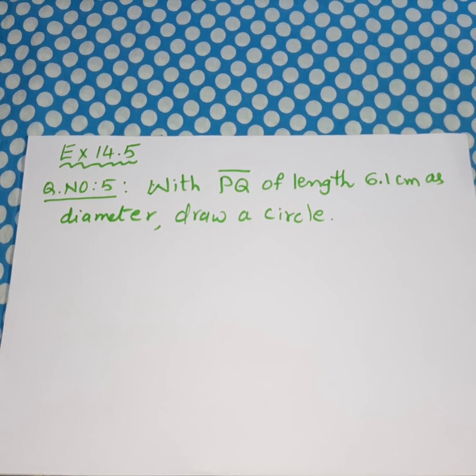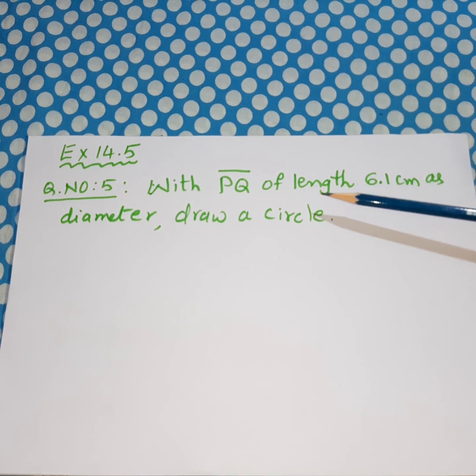We know that the diameter is the biggest chord of a circle, passing through the center of the circle. To construct a circle, first of all we require a center and a radius. But here the radius and the center of the circle are not given. So how do we construct a circle from a given line segment?